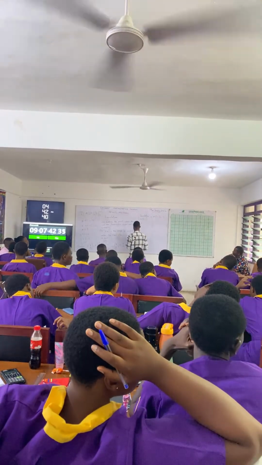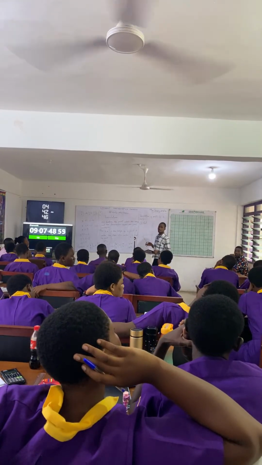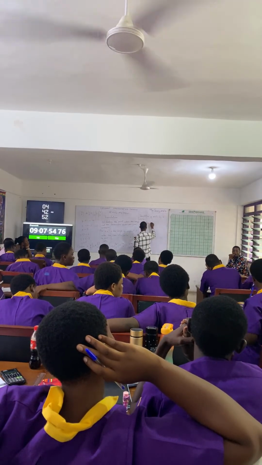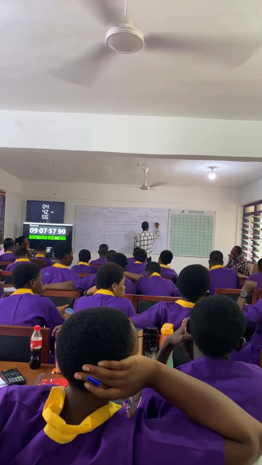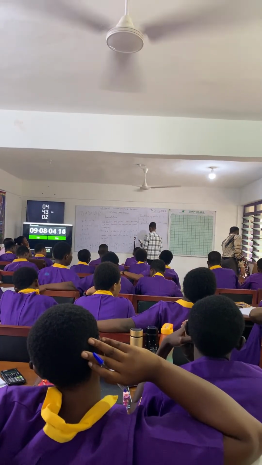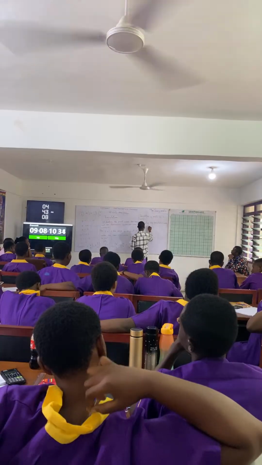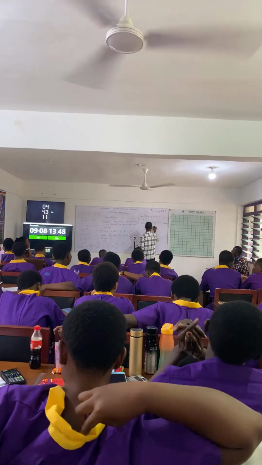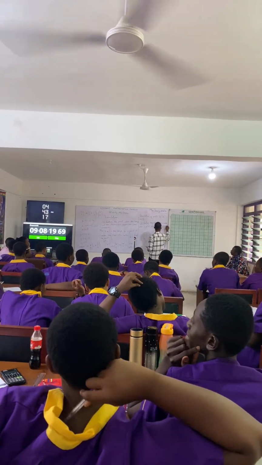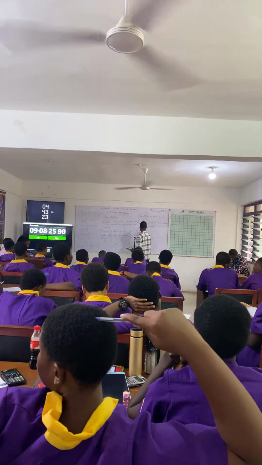So the third way is that you are going to find the translation vector when the original point and the image have been given. So let's put this into examples.